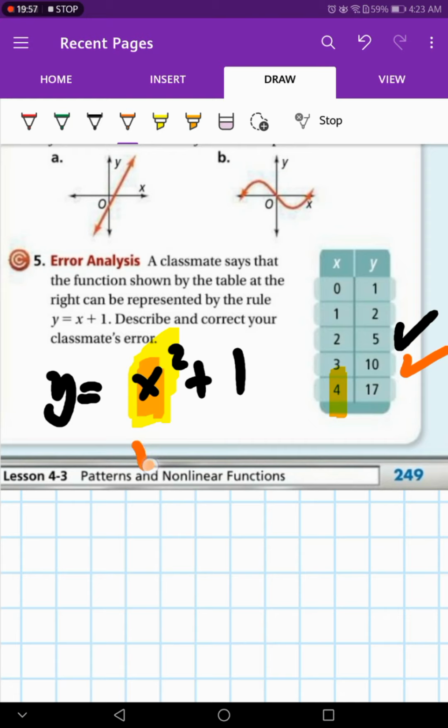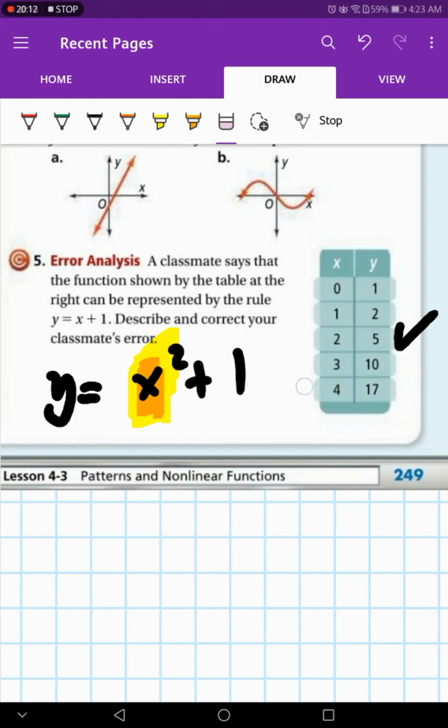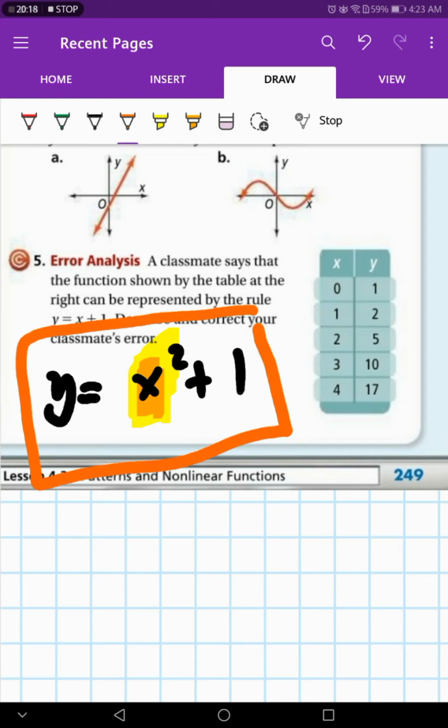It will be 4 square plus 1 equals 16 plus 1 equals 17, which is here 17, so it's correct. So you have to correct your classmate and tell him the right rule is y equals x square plus 1.